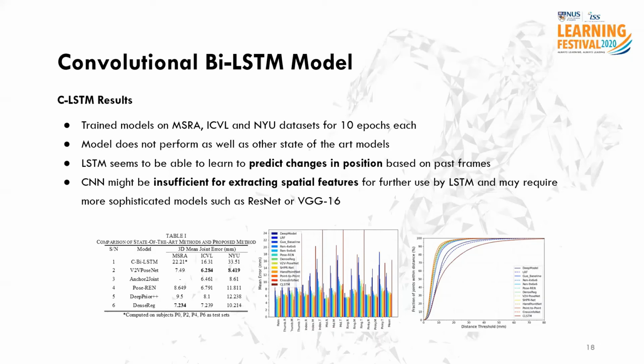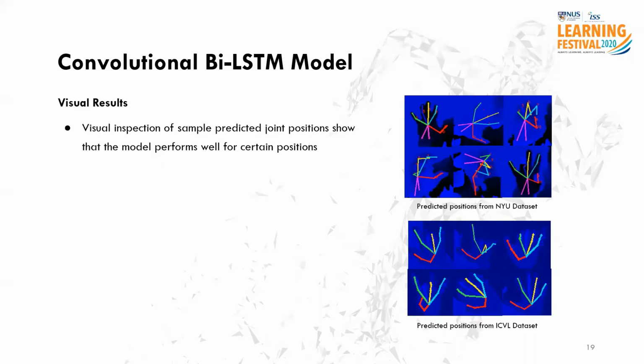This can actually be improved by more sophisticated convolutional trunks such as ResNet or VGG16. At the same time, we also did a visual inspection of the sample predicted joint positions on the depth image and plotted them out as shown over here.